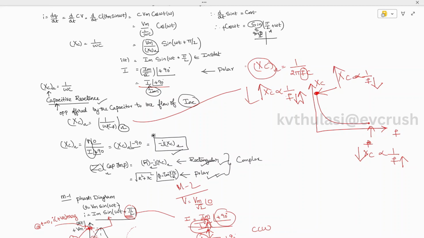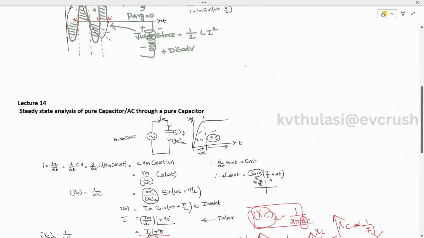This type of characteristic is exhibited by our capacitor. These are called hyperbolic or inverse characteristics exhibited by our capacitive reactance. Okay, this is how to draw the waveform. In the next part B, we'll try to see the behavior of a capacitor.